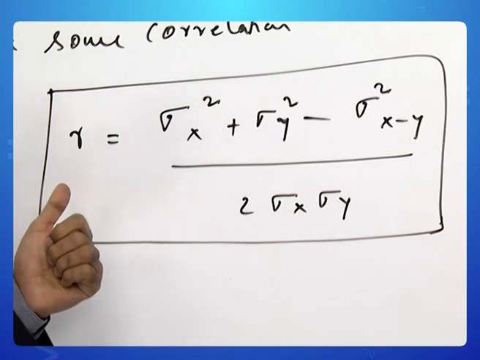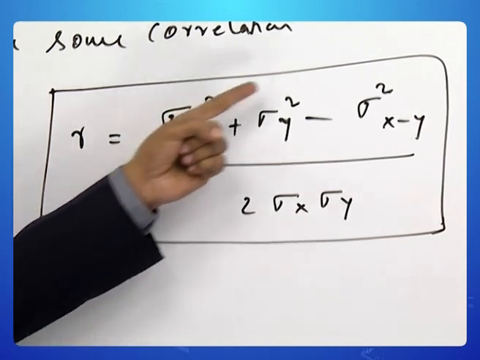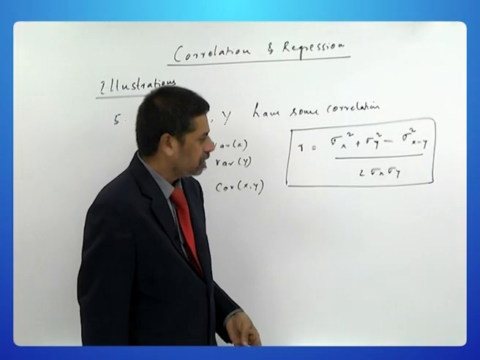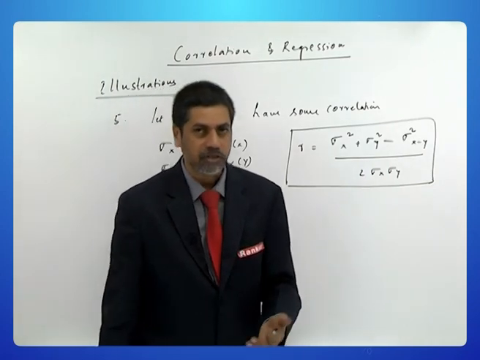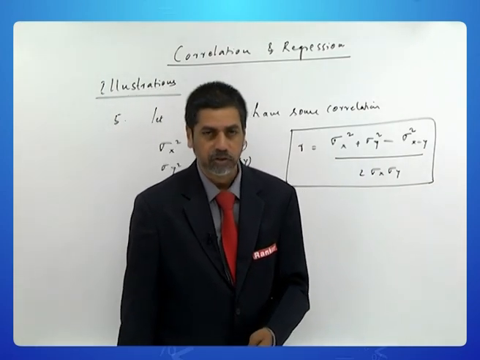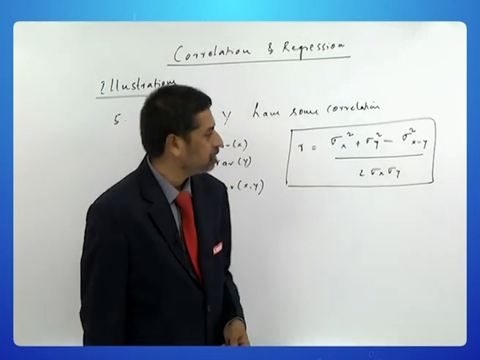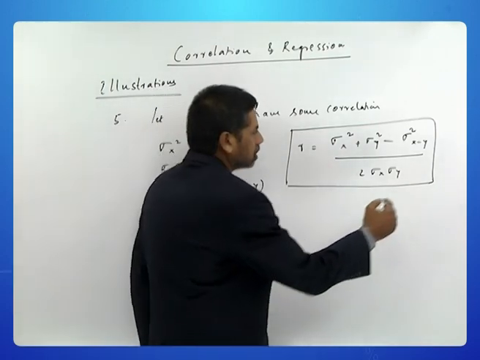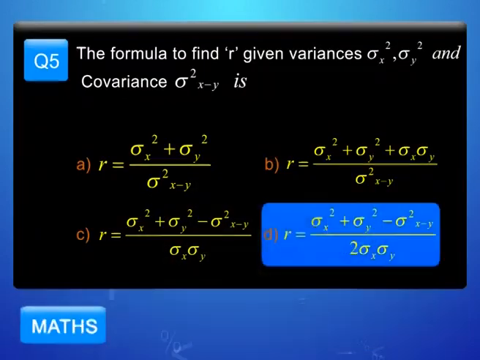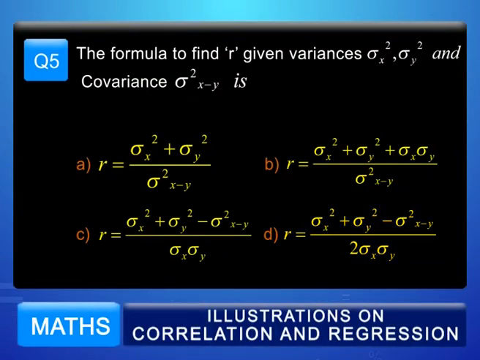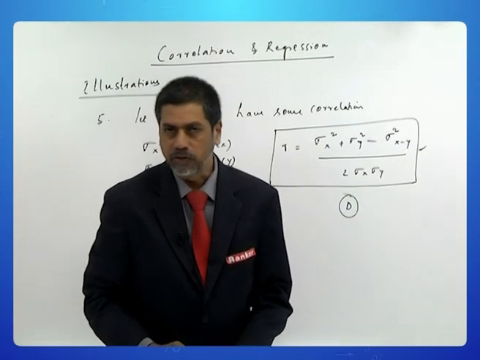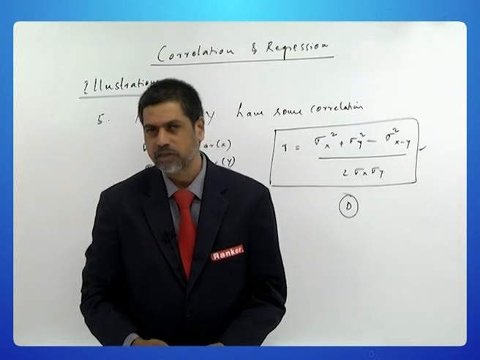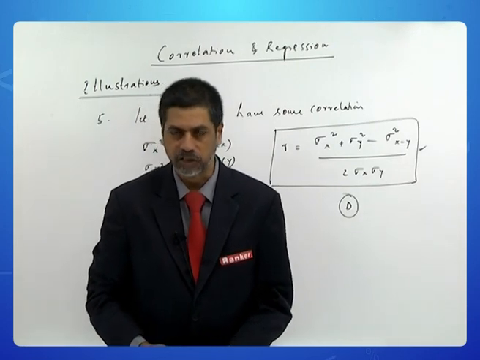What is very important to understand is that the right hand side is a dimensionless quantity. So there are no units for correlation coefficient. So this you can find in option D. It's a very important relationship to find correlation coefficient given standard deviations and the covariance.